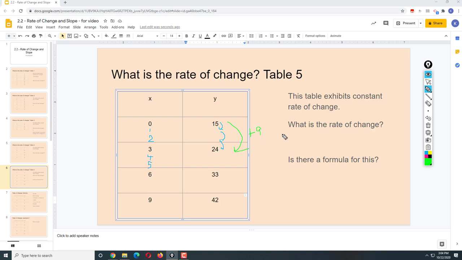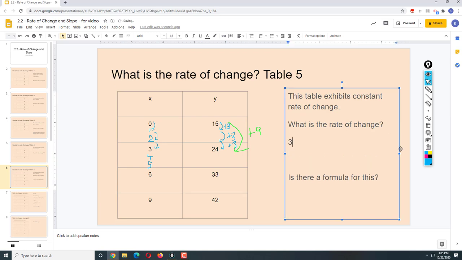So y goes up by 9 whenever x goes up by 3. That means that y goes up by 3 whenever x goes up by 1. So each step is plus 3 when x goes up by 1. So that means that the rate of change is actually 3.